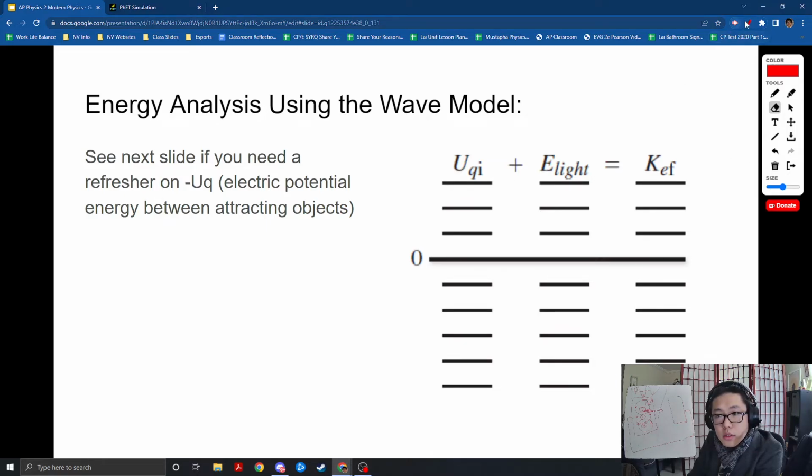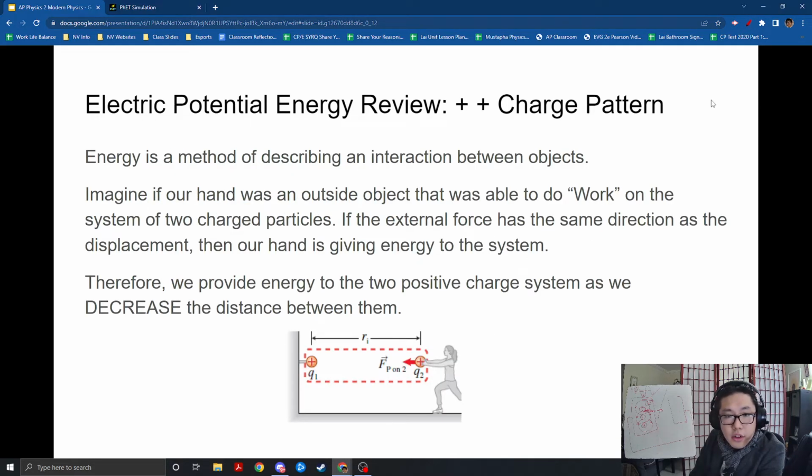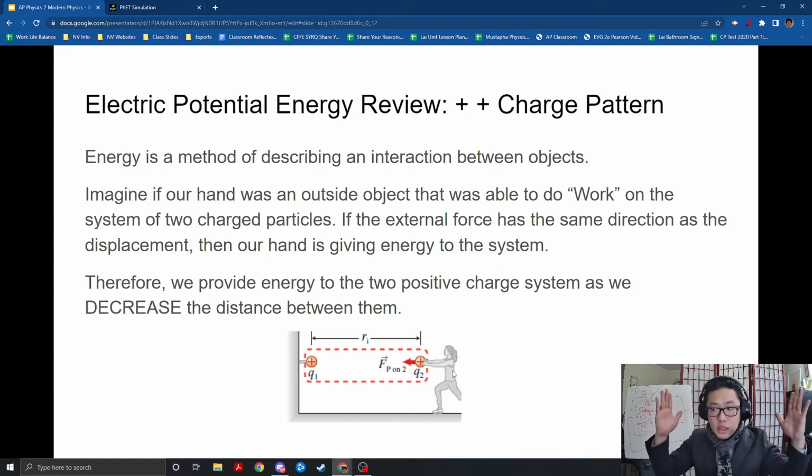So let's move forward. If you needed a review on negative electric potential energy, this is going to be your quick review over there. So the way to remember this is for repelling objects. Let's think about what happens to the electric potential energy of repelling objects. We store more energy in our repelling objects as we squish them together.